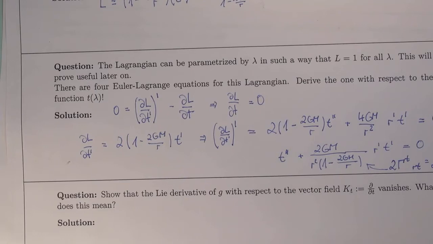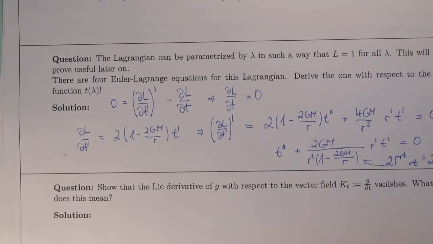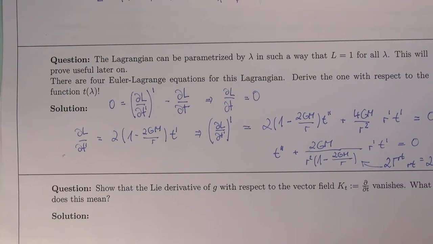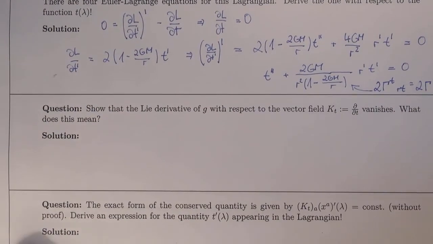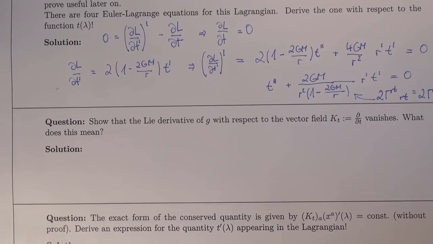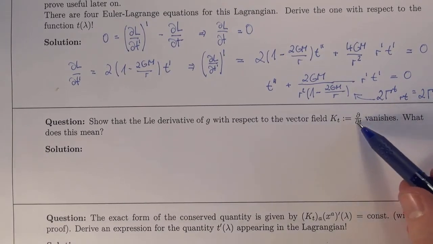However, we don't want to go further into these Christoffel symbols, but we rather would like to show now that the Lie derivative of g with respect to the vector field k_t, which is just given by ∂_t, vanishes.